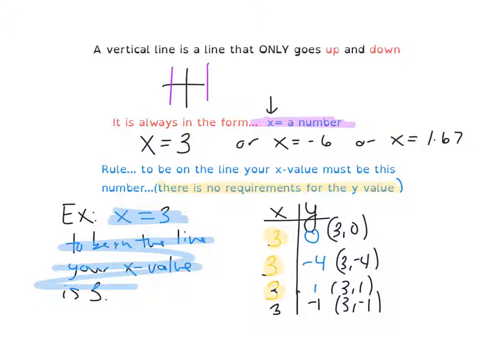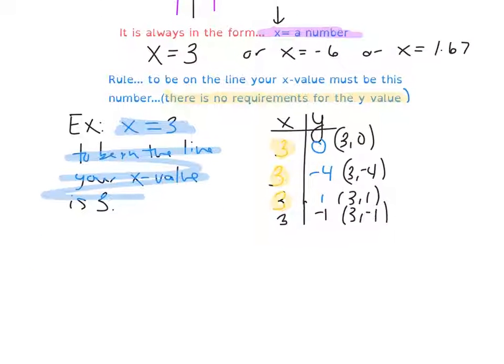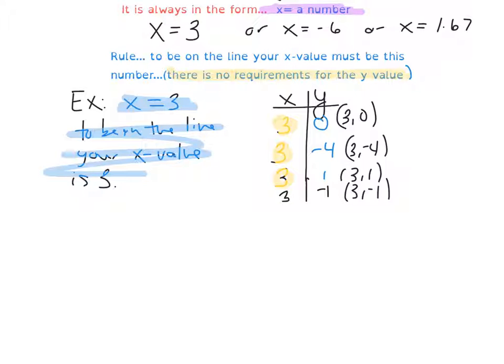So if I try to sketch a quick graph of that, give myself a little room here. If I just draw a quick coordinate plane and plot these points, here are my x values 1, 2, 3, and y values up to 4 and down to 4. The first point is at (3, 0), that's right there.